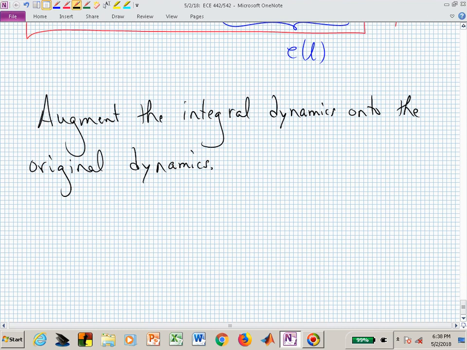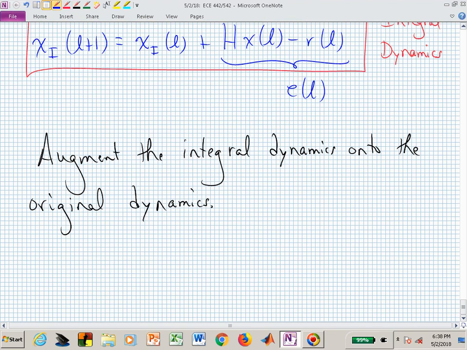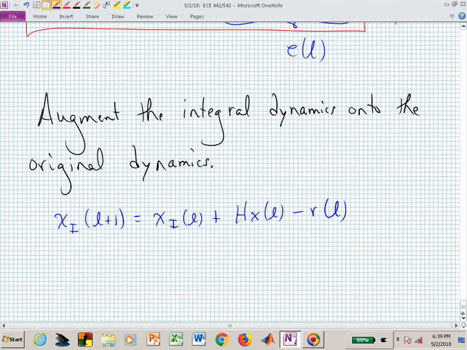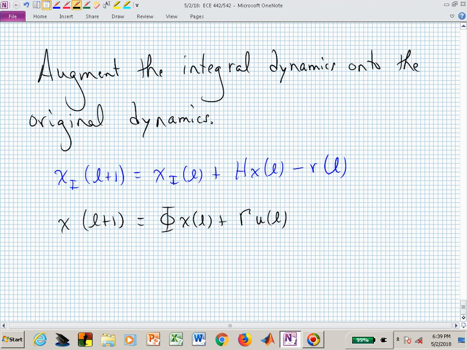So here we'll start with what we have for the integral dynamics. x sub I of L plus 1 is x sub I of L plus H times x of L minus r of L. And that's our original dynamics: phi x of L plus gamma u of L. We're going to use this.